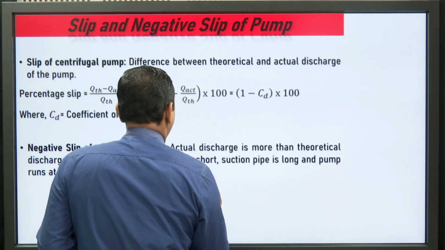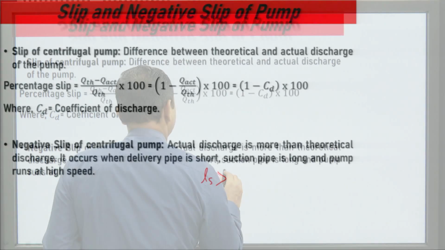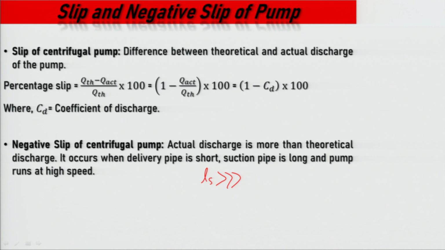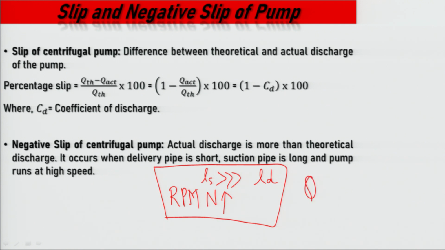If the length of the suction pipe Ls is long and the RPM is high, then Q actual is greater than Q theoretical. In such a case, CD is greater than 1 and the slip is negative.